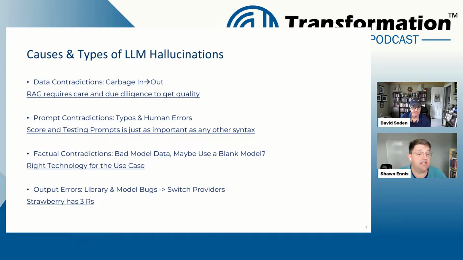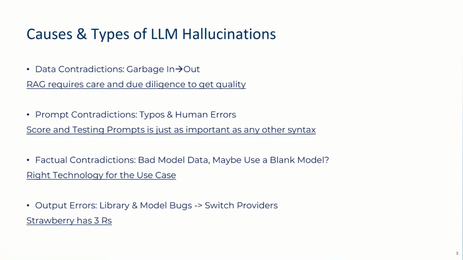So data contradictions is number one. Number two, which is getting better and better but is still a problem, is problems with your prompts. I always think about dealing with large language models like I deal with my kids: you have to be extremely precise in what you say.